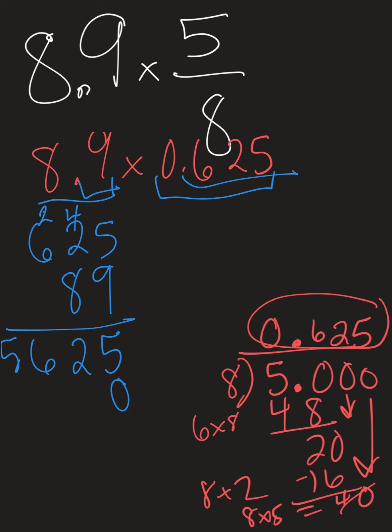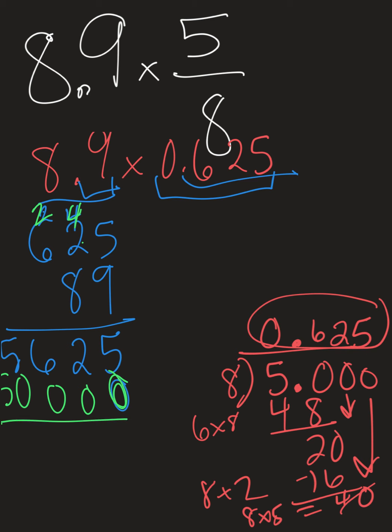I'm going to use a different color so I don't confuse myself. 8 times 5 is 40. Carry my 4 again. 8 times 2 is going to give me 16 plus 4 is 20 also. 8 times 6 is 48 plus 2 is 50.